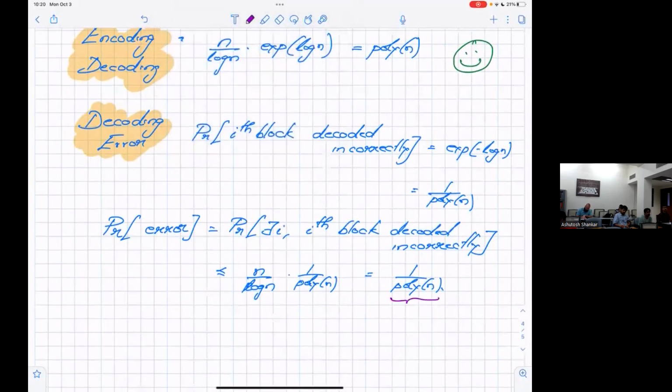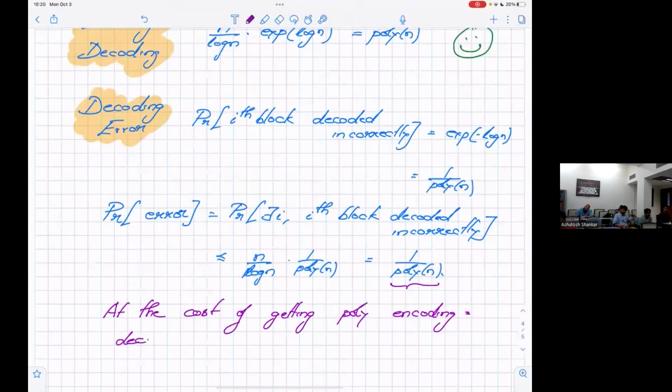So at the cost of getting poly encoding and decoding, we have increased the decoding error to 1 over poly n.